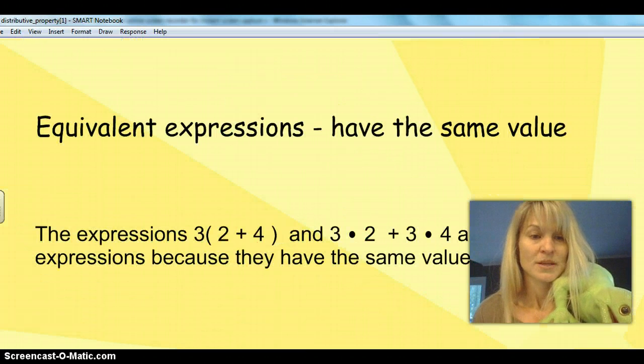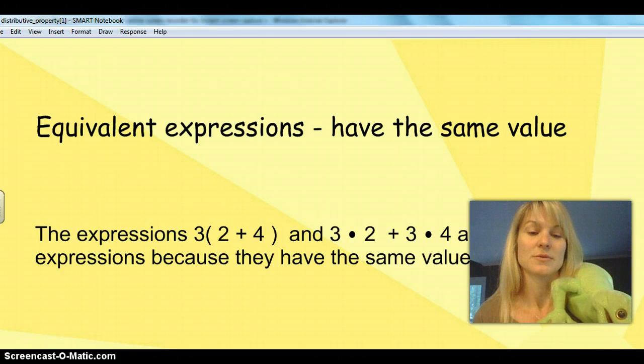Okay. So equivalent expressions have the same value. So does this have the same value as multiplying 3 times 2 and 3 times 4? Okay, distributing this 3 here. And in class, we like to show it like this. And that means you're multiplying the 3 times the 2 and the 3 times the 4. That's multiplication.